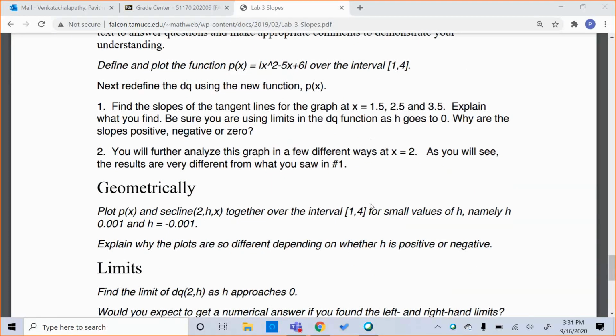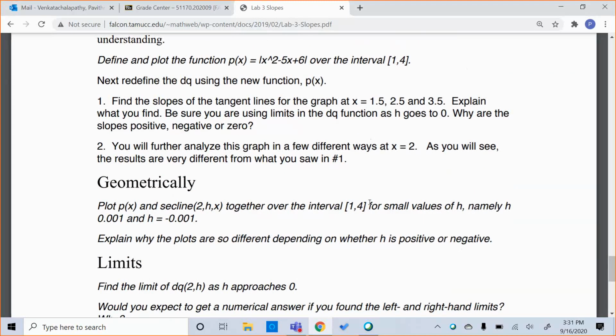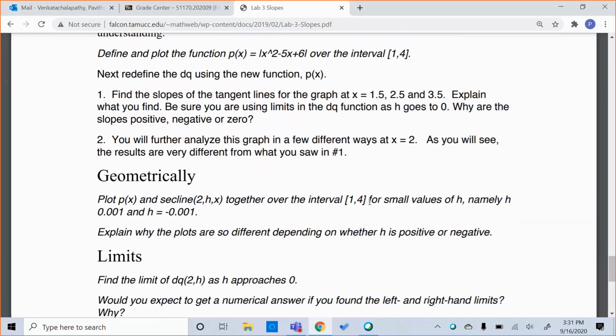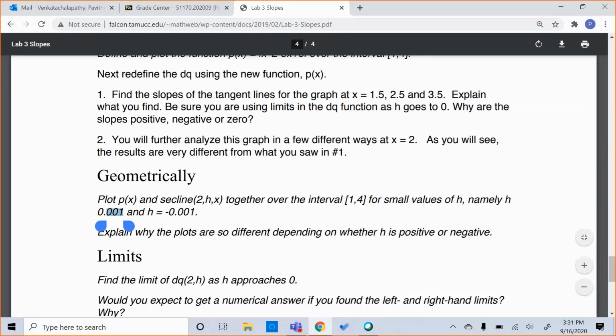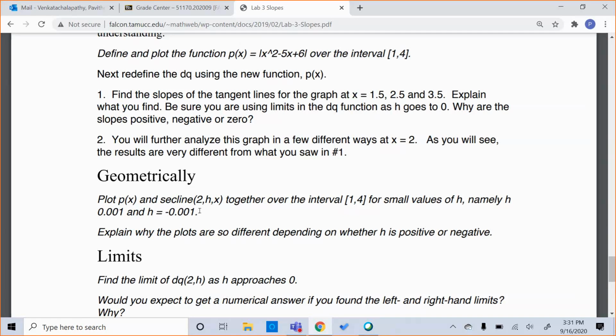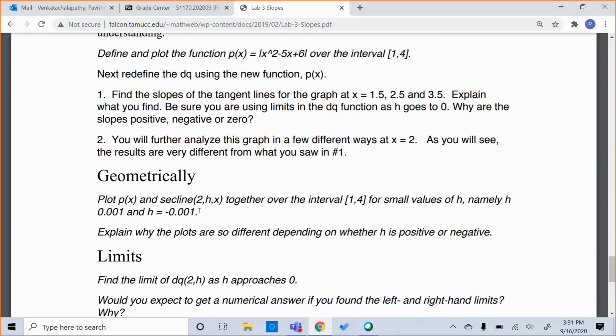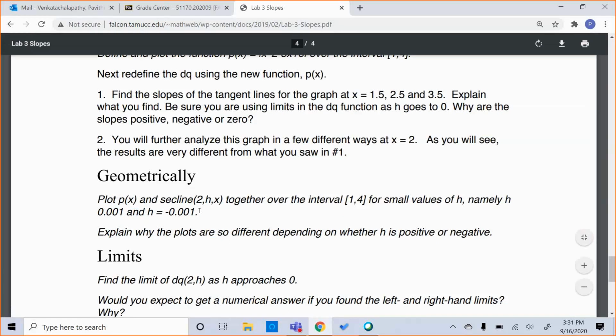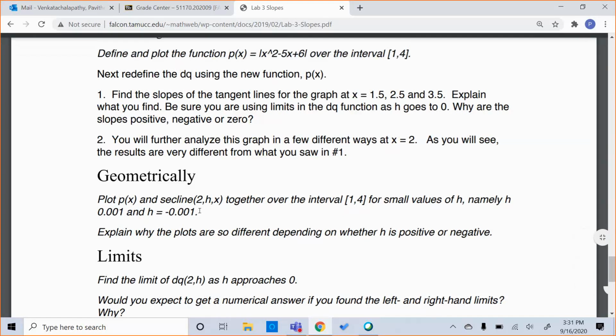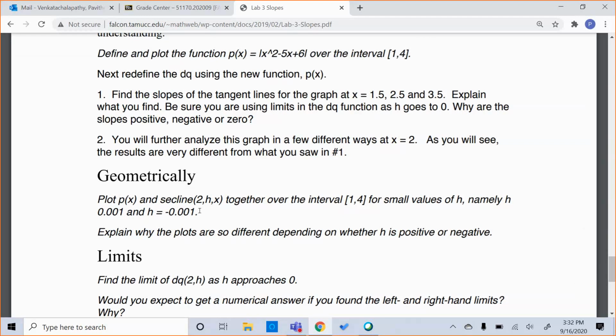So what you have to do here, this code, okay, this is there in your lab manual. I can show you where it's at. You just have to change the H value to 0.001, plot it, find the value, and for the second one, you just have to change your value to negative 0.001, and then find or plot the graph.